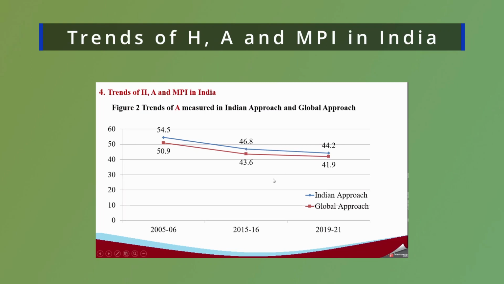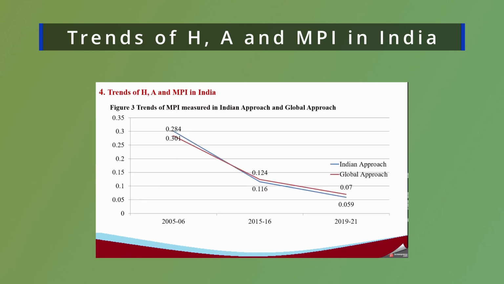As regards multidimensional intensity of poverty, that is A, in case of the Indian approach, the multidimensional intensity of poverty decreased from 54.5% in 2005-6 to 44.2% in 2019-21. Whereas, following the global approach, the multidimensional intensity of poverty decreased from 50.9% to 41.9% during the same period.